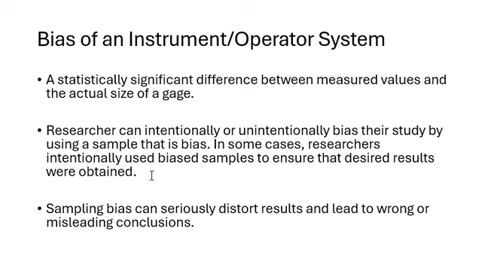Do not deviate from anything. Otherwise, you'll get all wrong things, and the truth will be distorted. Sampling bias can seriously distort the results, and that can lead to wrong or misleading conclusions, and it is very unethical. Bias is unethical, so we must avoid doing it.